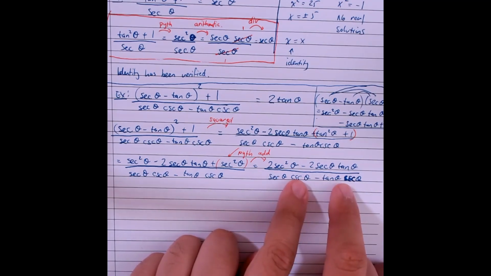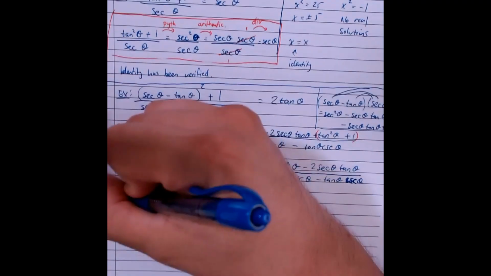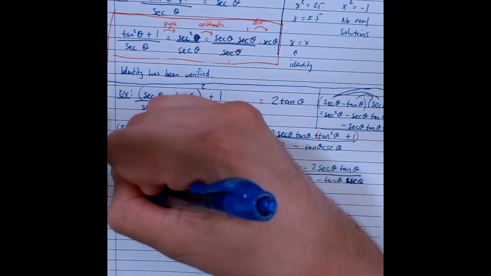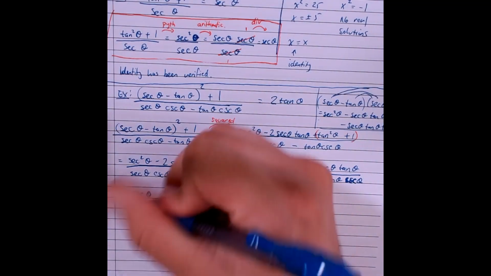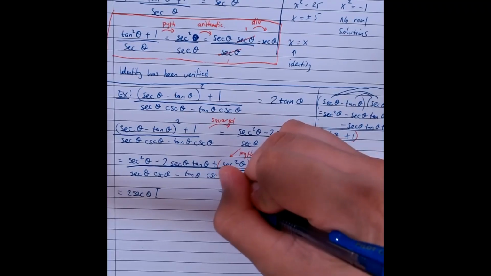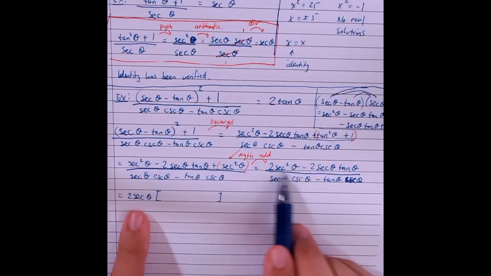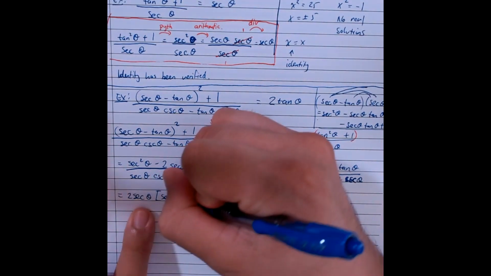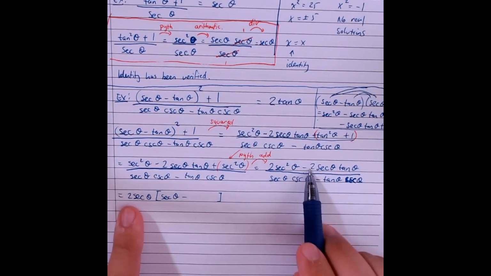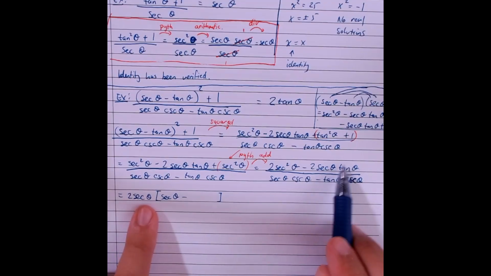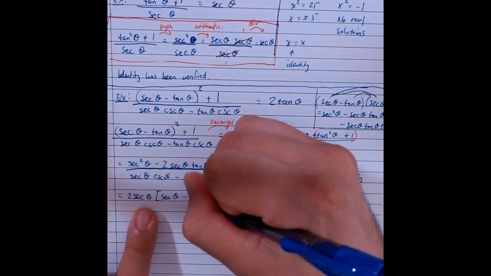So here I can write this as 2 secant of theta, that's the common factor, but now times, well, let's see. If I divide that by 2 secant of theta, I get secant of theta. Minus, if I divide this by 2 secant of theta, I'm left with just tangent of theta.